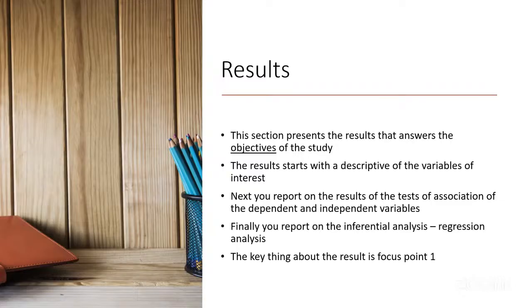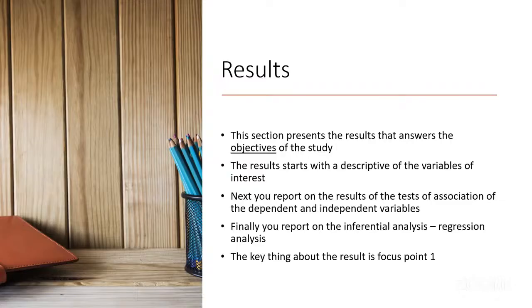Okay. So firstly, you want to describe what type of variables you worked with. Your categorical variables, numerical variables, and whatever it is you worked with. So you want to first start by describing all of those variables that are of interest in your work. Then you go on to the test of associations, or what we call the inferential analysis.